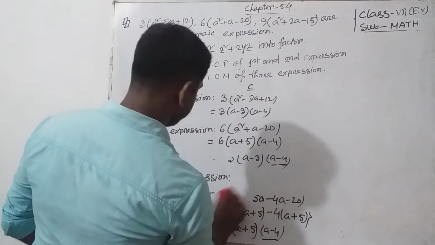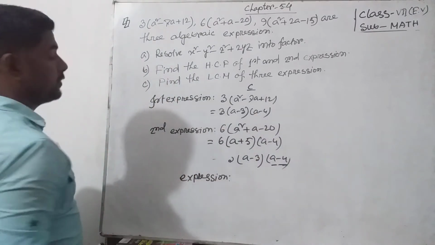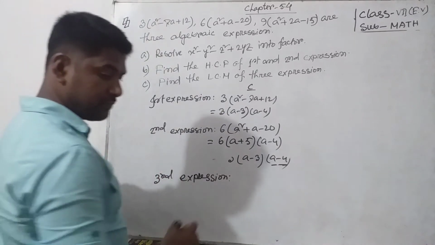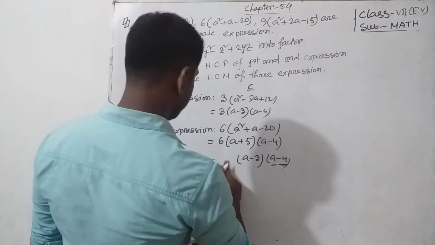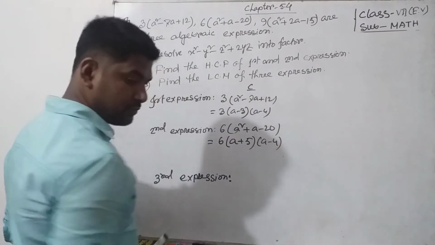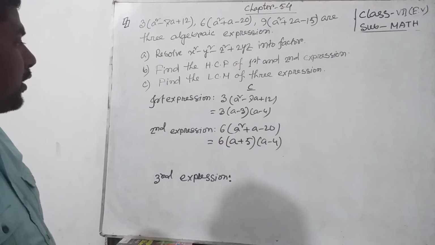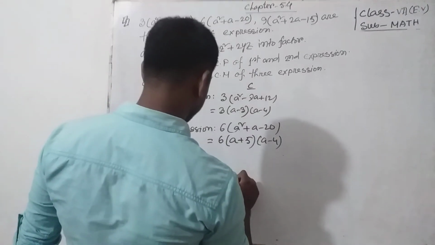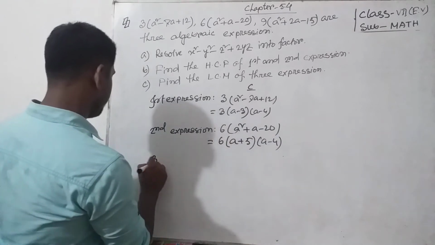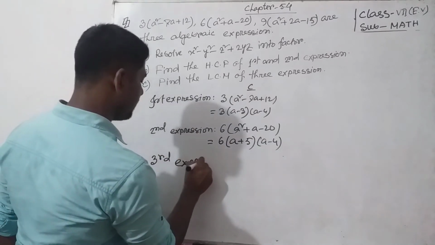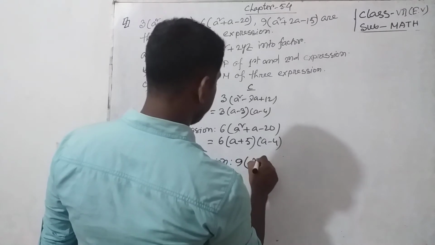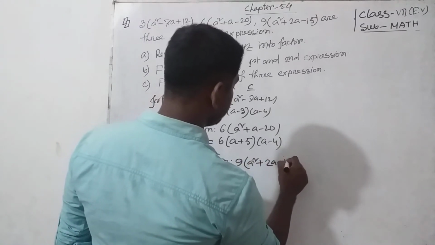Third expression, 9 into a square plus 2a minus 15.